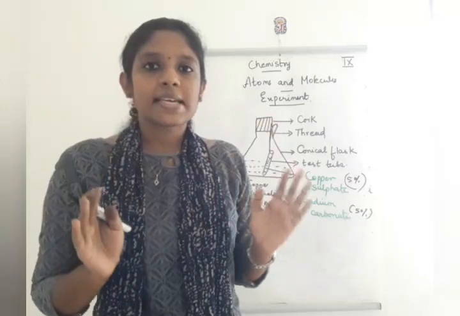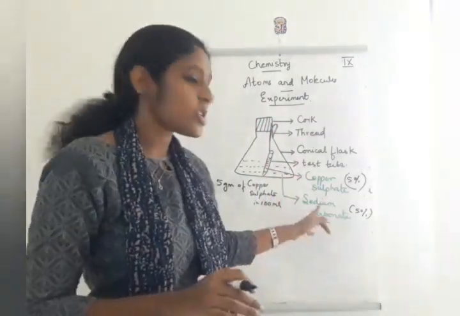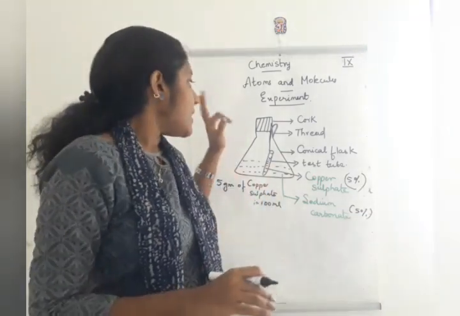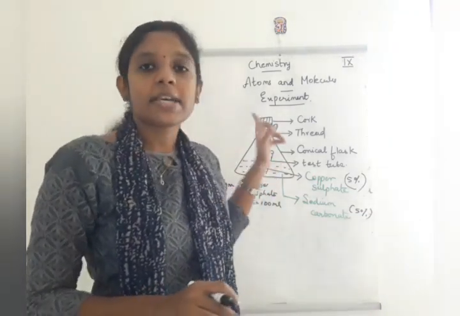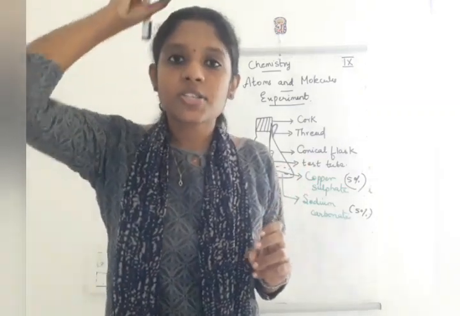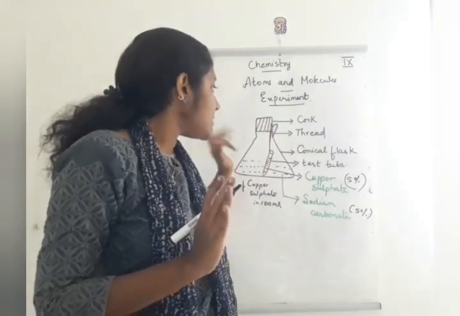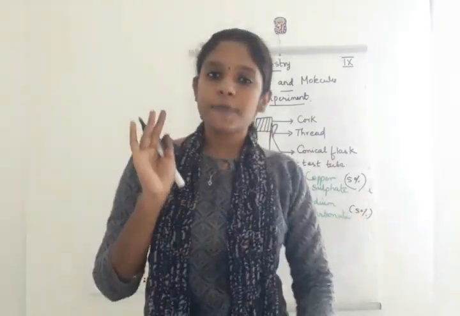Okay, so this is the experiment setup. You take a conical flask and add 5% sodium carbonate, and inside the conical flask you keep a test tube tied to the thread, with a tight cork, making the setup tight. Inside the test tube you add 5% copper sulfate.